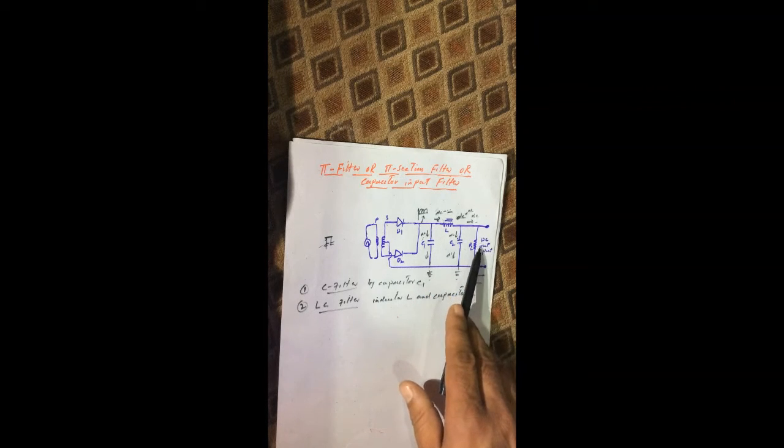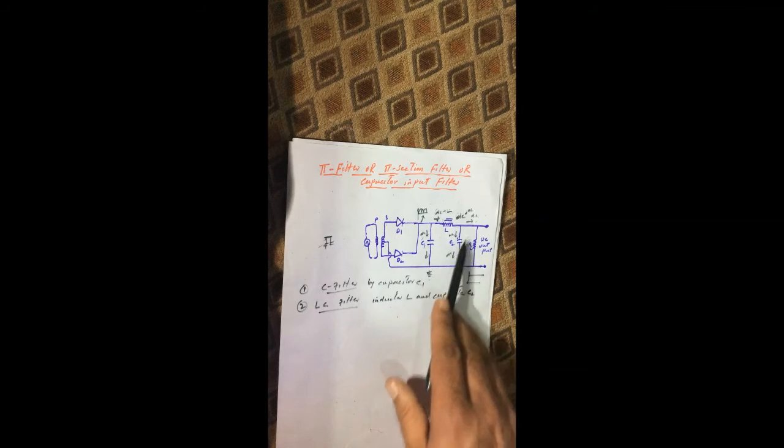Finally, only the DC component will be available at the output load, output resistance.